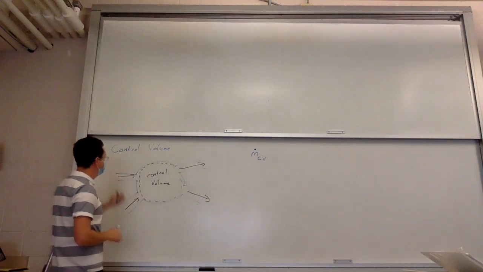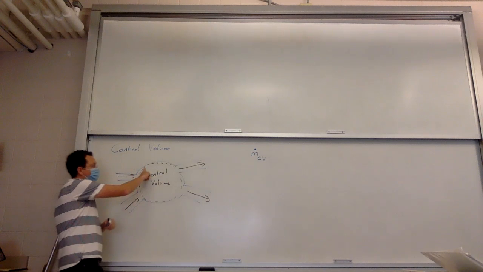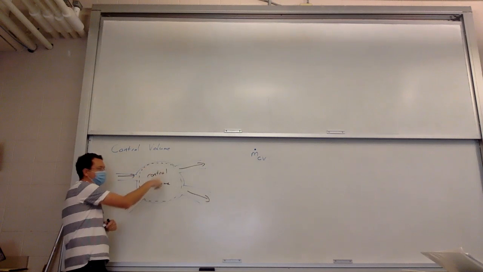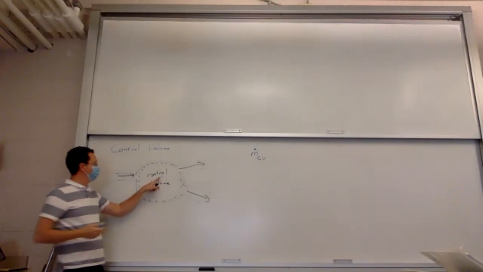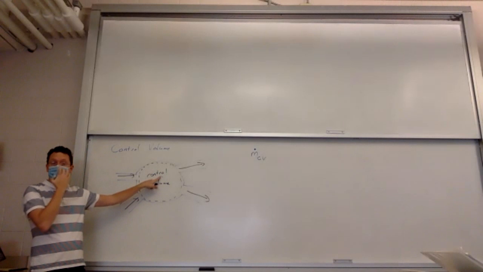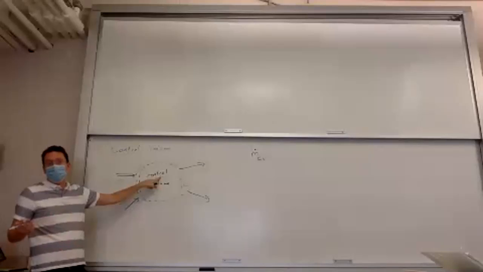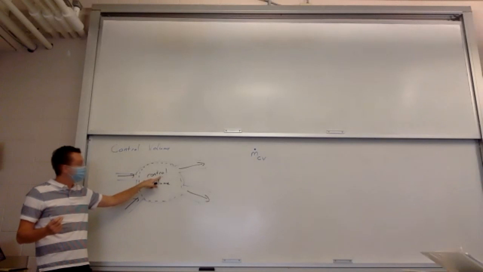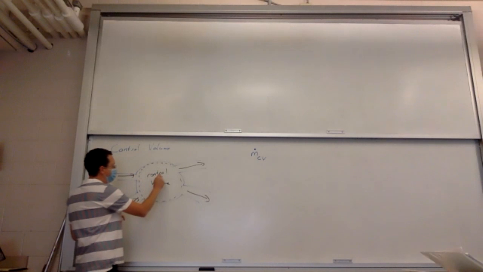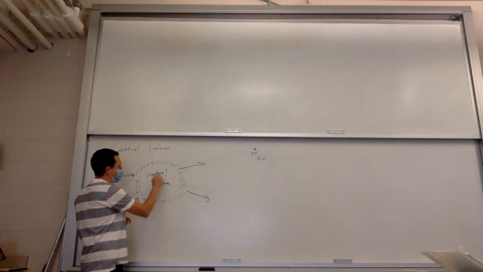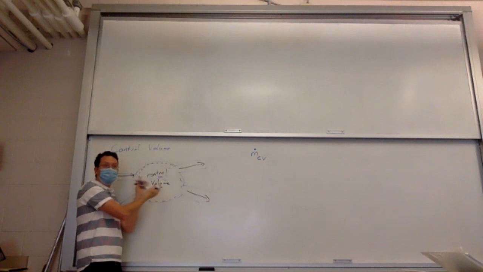So you don't have to worry about the mass that's on the inside. This little bit of mass right here can't go anywhere because it's not near an exit or an entrance. It's just in the middle. So in any given moment, all this little bit can do is maybe move a little bit in some direction, but it still stays within the control volume.